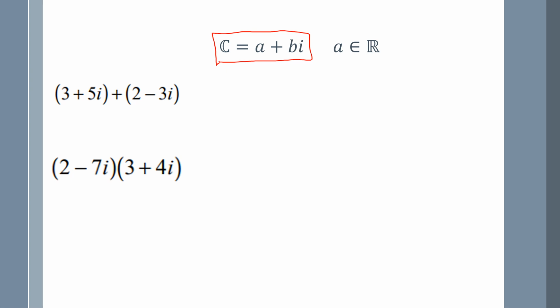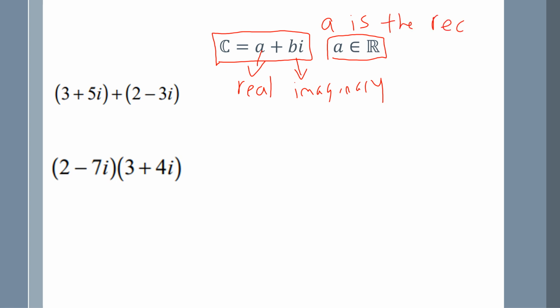Complex numbers are written as the real number plus the imaginary number. Now look, this particular notation, which is new to you, is just saying a is in the real numbers, which is true because a is a real number.